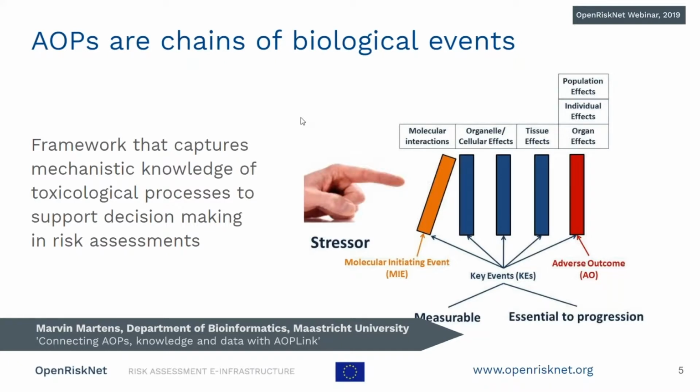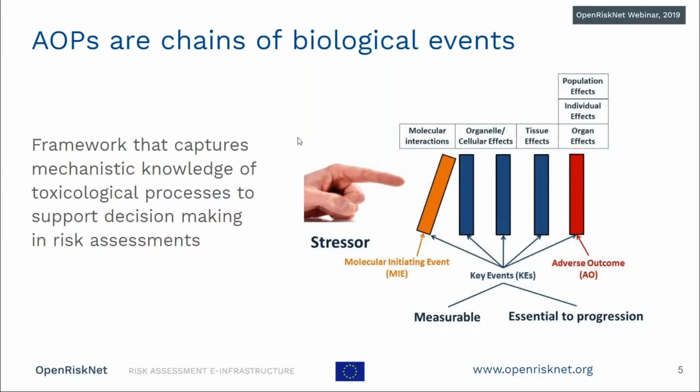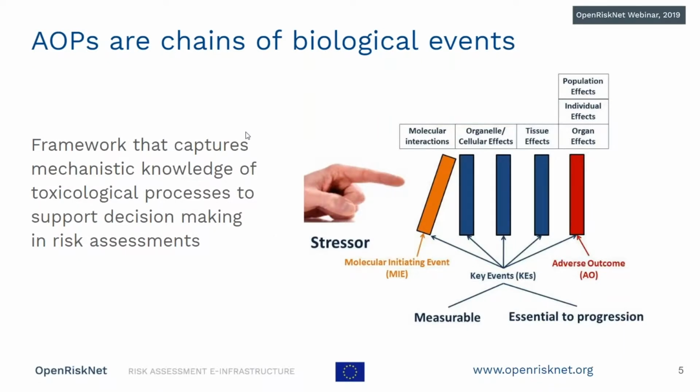AOPs are basically a chain of biological events. They capture mechanistic toxicological knowledge of biological processes, toxicological processes, to support decision making. In the figure, you can see a brief schema of what is an adverse outcome pathway, which is initiated with a stressor causing a molecular initiating event, leading to a cascade of events called key events, which are biological responses that follow the initiating event and lead to the adverse outcome.